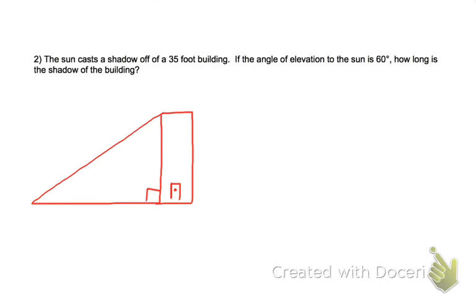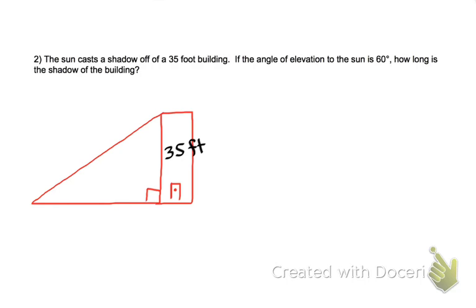Then it says the sun casts a shadow off of a 35-foot building, so I'm going to label my building. My building is 35 feet tall. Then it says the angle of elevation to the sun is 60 degrees.